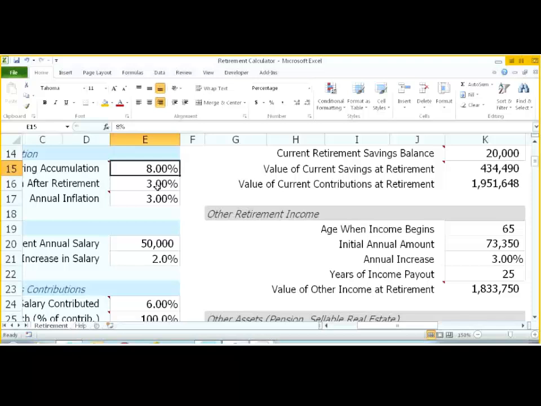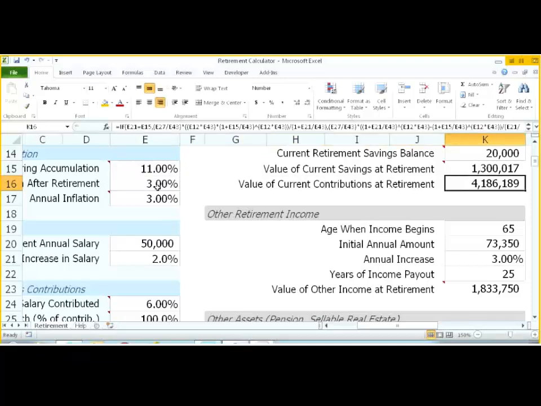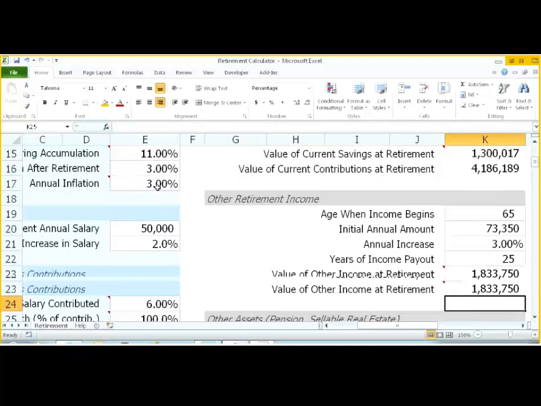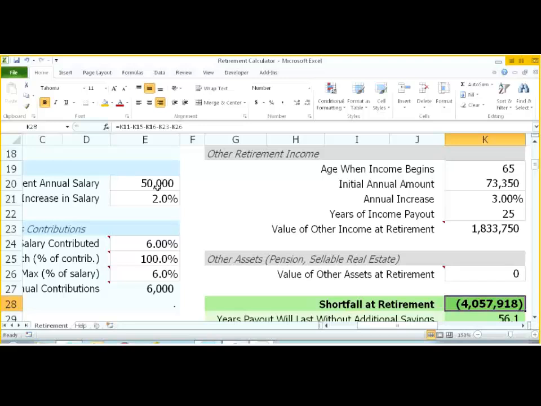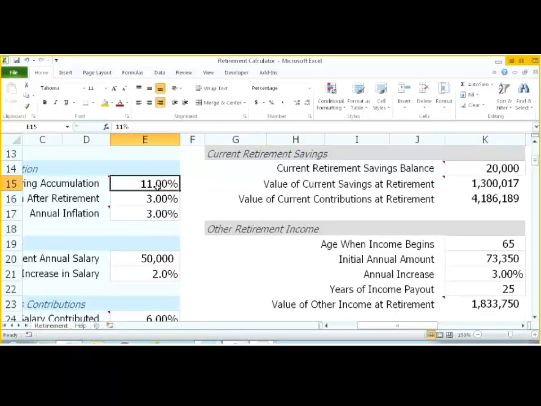Let's say, for example, the stock market from 1900 to 1999 averaged about 11% or more per year. So if I put 11 in there, how much money am I going to have here? $4 million. Okay. That's a huge difference.